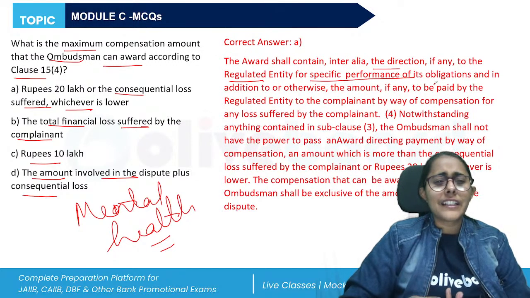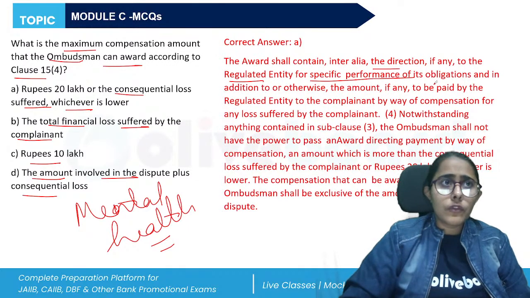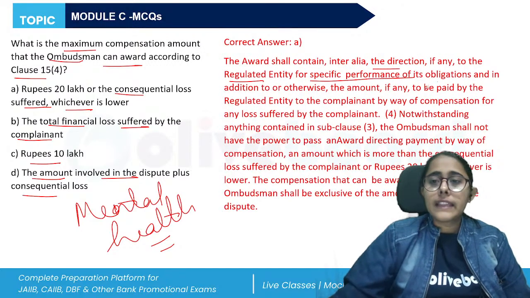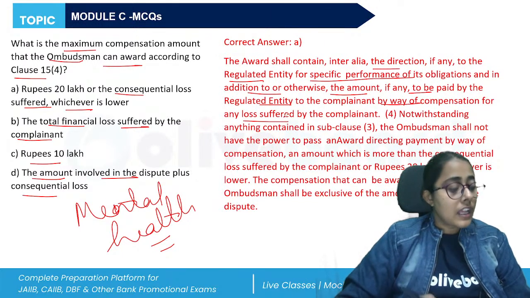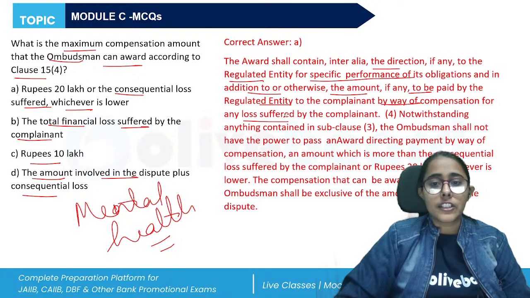Let's say if it is related to the locker vault or release of any security. Then in addition, the amount to be paid by the regulated entity by way of compensation for the loss suffered, along with the obligations, they also need to pay the compensation, notwithstanding anything contained in subclause 3.